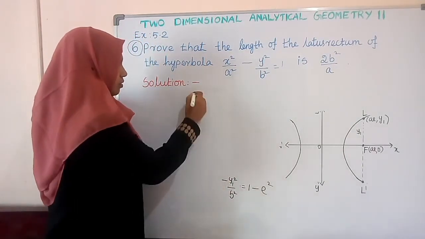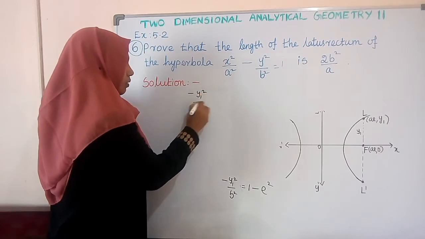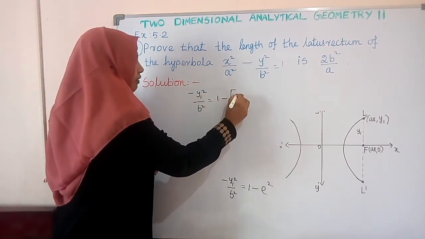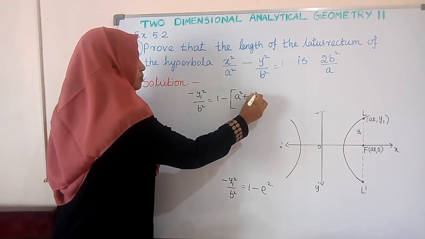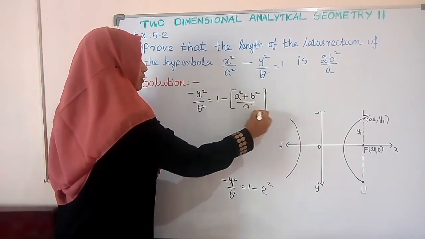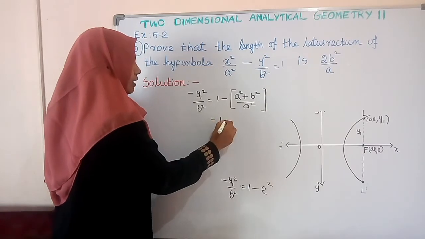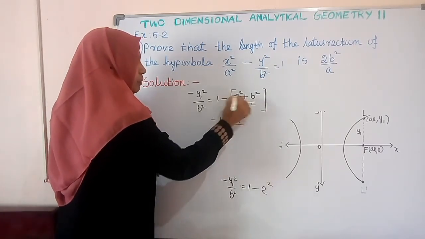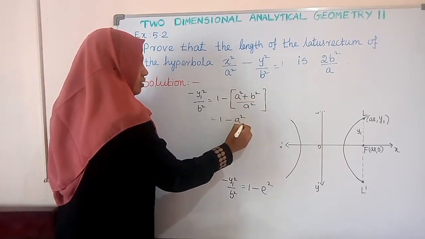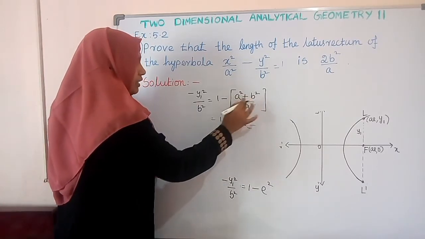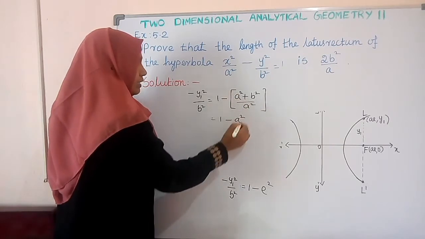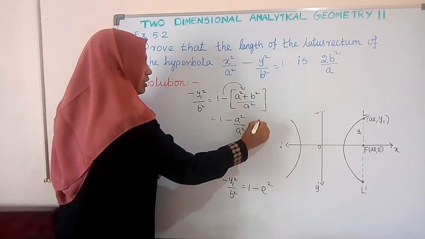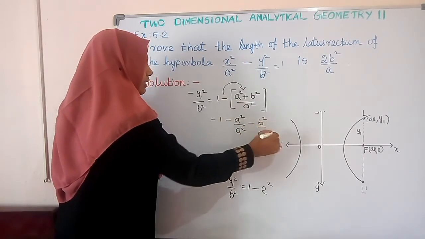So it becomes minus y1 square by b square is equal to 1 minus e square value, a square plus b square by a square. So just simplify this: 1 minus, multiply this minus inside, so it is minus a square by a square, and multiplying this minus with b square, it is minus b square by a square.